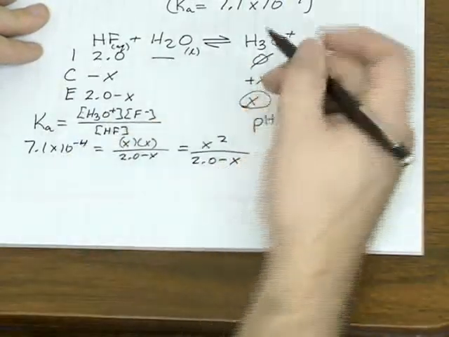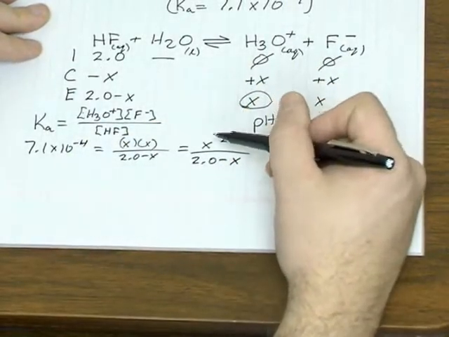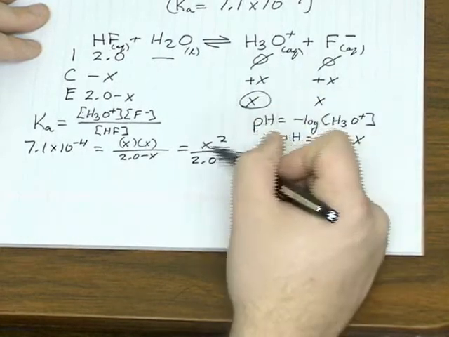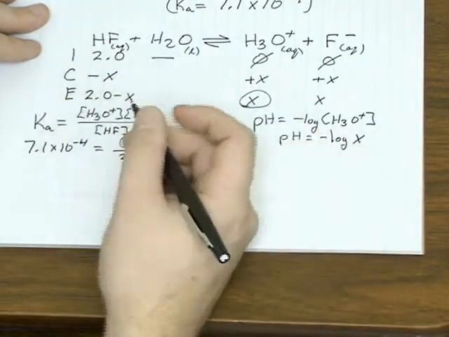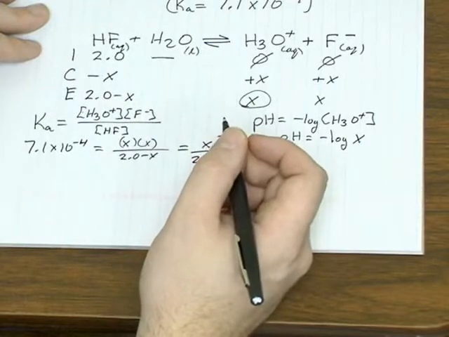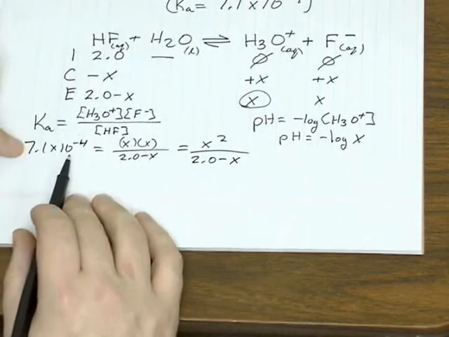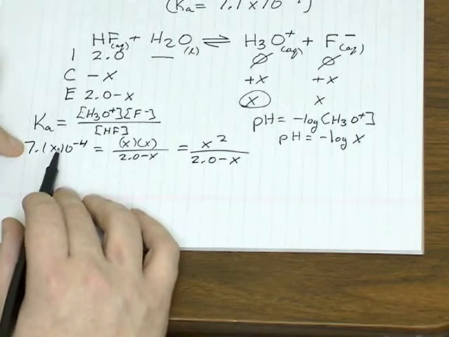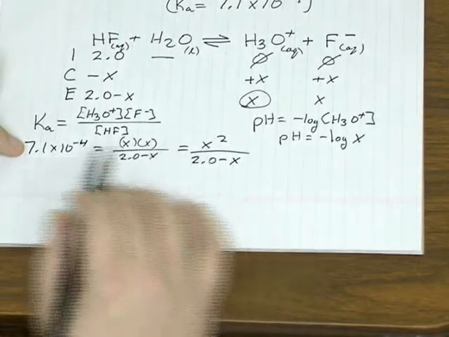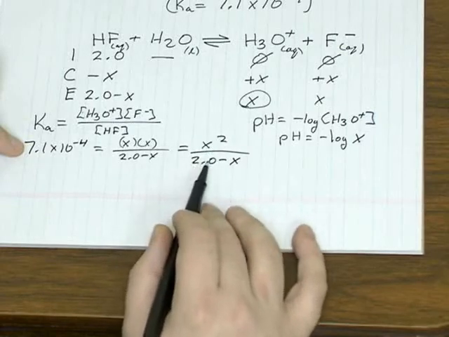So initially you may think you're going to have to end up solving a quadratic equation because you see that X squared there. But remember, a lot of times you can approximate, especially when it looks like the Ka is significantly smaller than the thing you're subtracting x from.